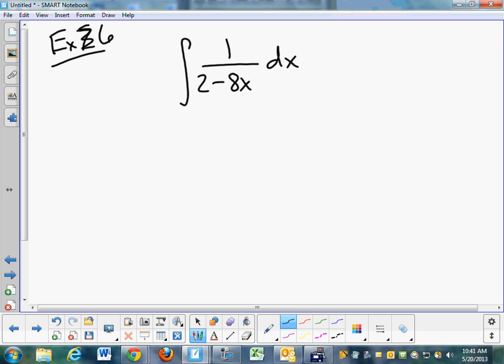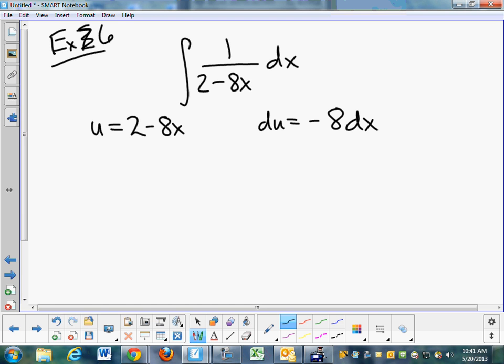Okay? Now, I'm going to use substitution here. Remember, it's kind of the opposite of the chain rule. I'm going to say u is equal to what? 2 minus 8x. Very good. And I'm going to say that du is equal to negative 8 dx.